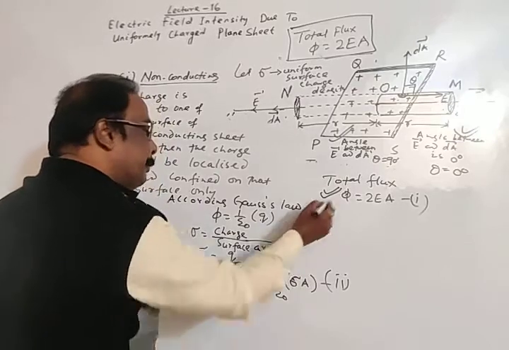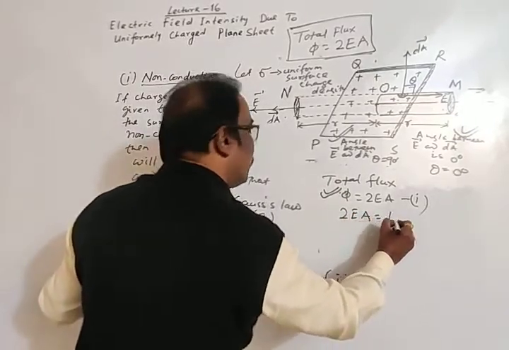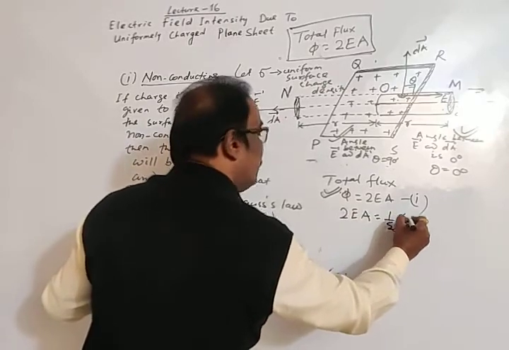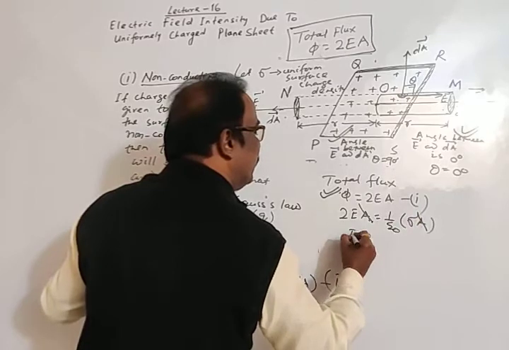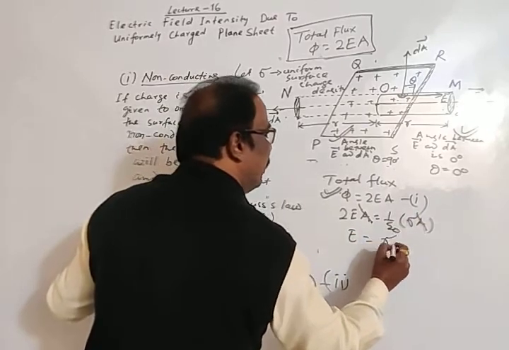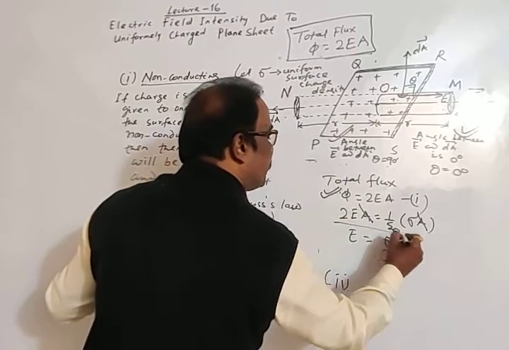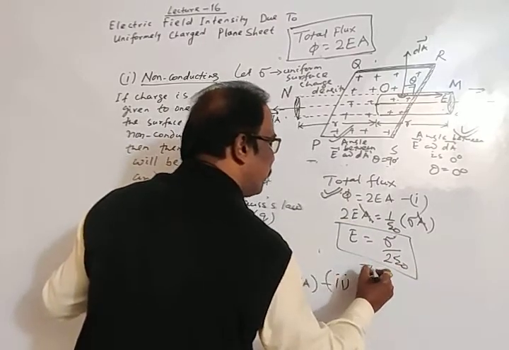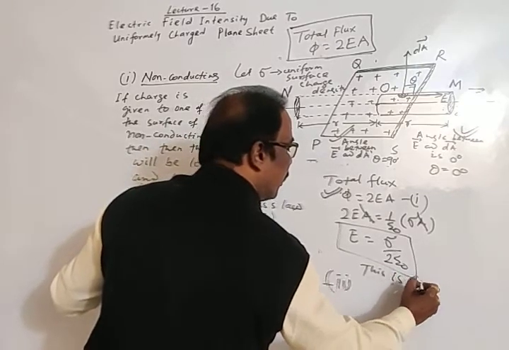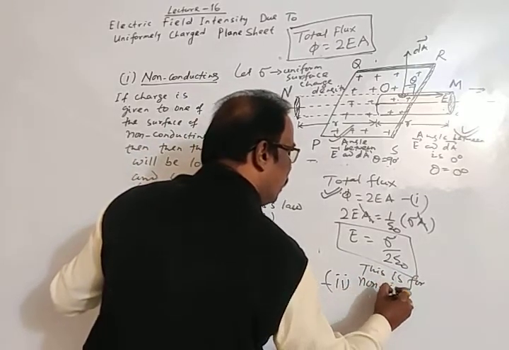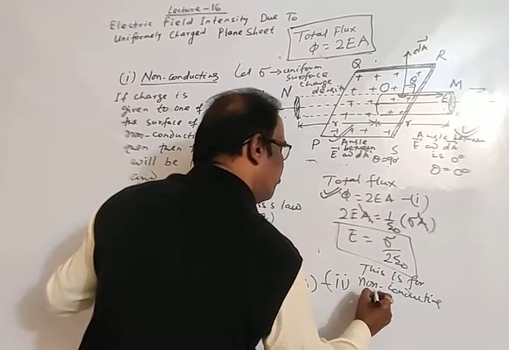Now equating equations 1 and 2, 2EA is equal to 1 by epsilon naught times sigma into A. A gets cancelled, then electric field is sigma divided by 2 epsilon naught. This is for the non-conducting sheet.